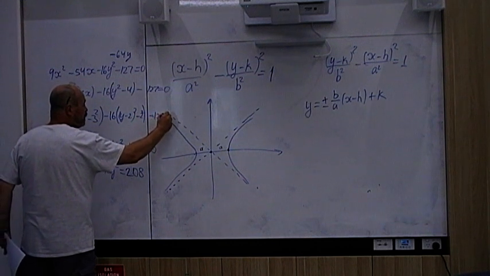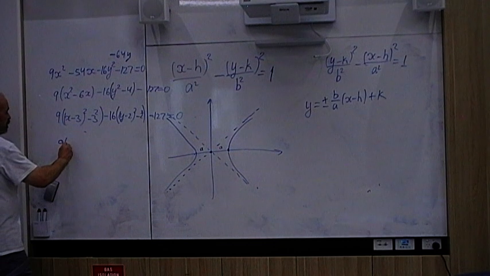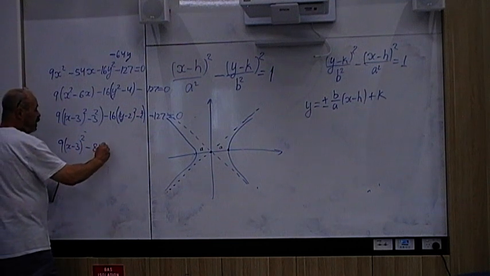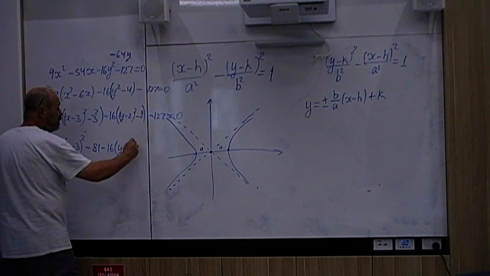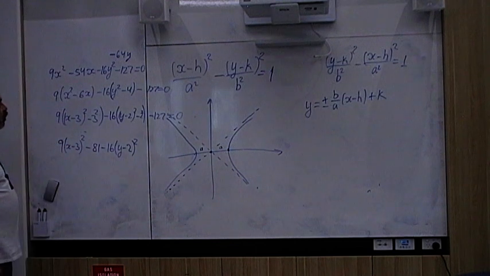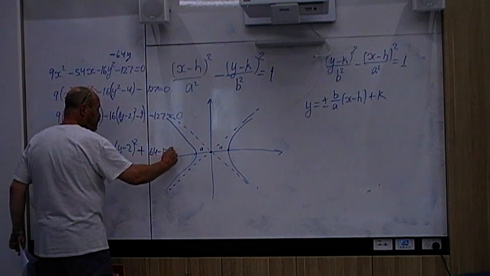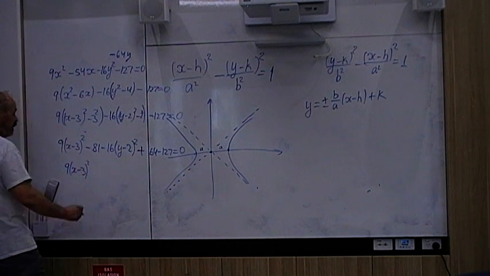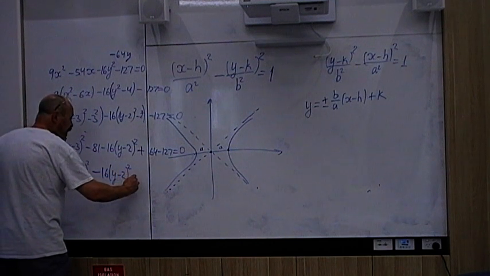So we have 9 times (x minus 3) squared minus 81 minus 16 times (y minus 2) squared, minus 4 times 16, plus 64, minus 127 equals 0.